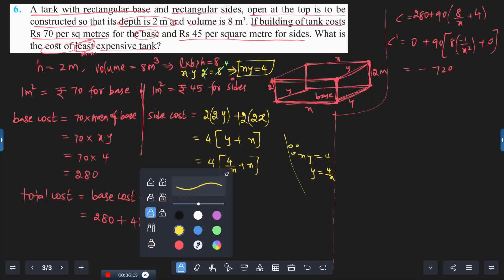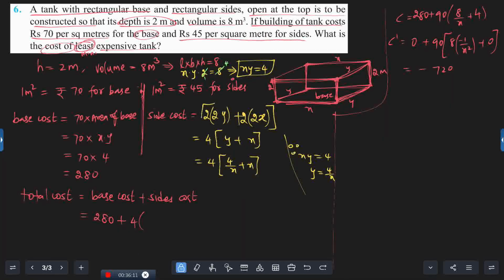Very good. Here this is only the side area. For the cost you want to multiply by 45. Very good. Then 4 into 45, what will you be getting? 180, yeah, 180. So take here 180 into 4 divided by x plus x. This is the total cost, I will call it C.